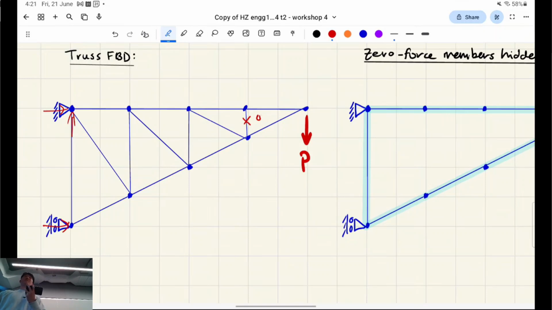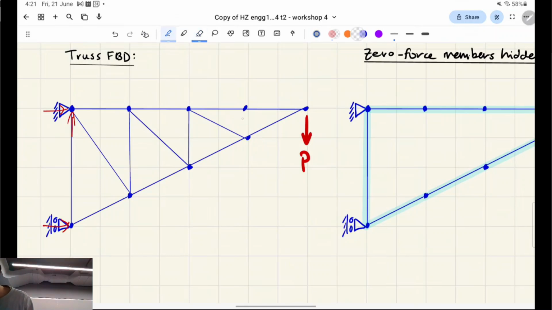But it's an iterative process, because now we have to scan all the nodes again to see if we have any zero force members after we eliminate that one. So you'll go through the same process again and check all the nodes. Once you reach this one, you can effectively not look at that one. Now we have a node where there's 3 members, 2 of them are collinear, and 1 is not collinear, and there's no point forces.